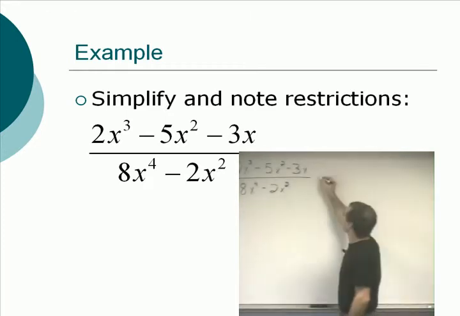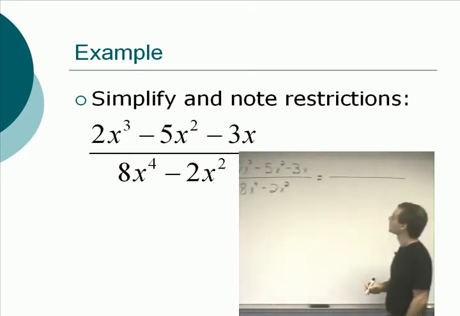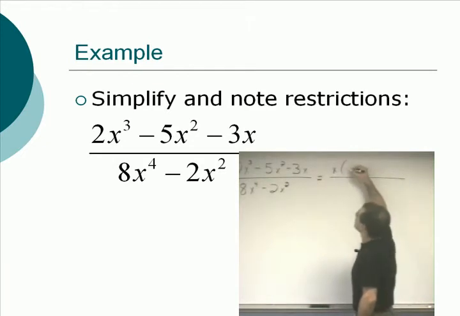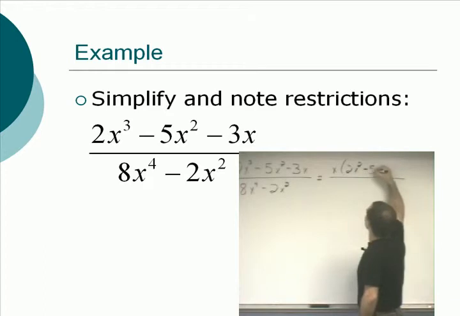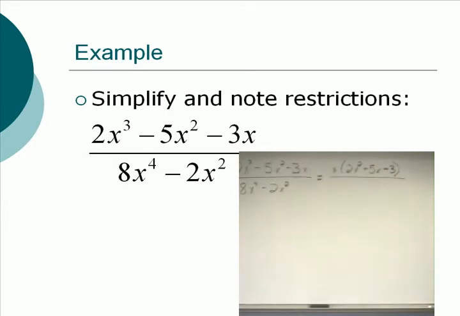So let's take a look at the numerator. Factoring. How? Factor out x, and we're left with 2x squared minus 5x minus 3. What about the bottom?